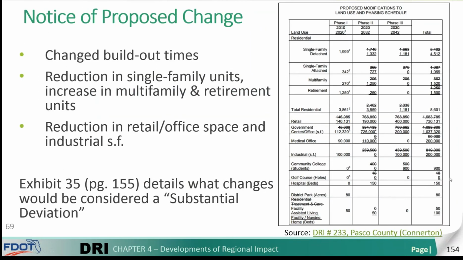Other types of review, here's an example, I think this one was from a Pasco County DRI. If you look at the figure, you can see how the build-out times were changed, the reduction in units. So now it requires these changes.